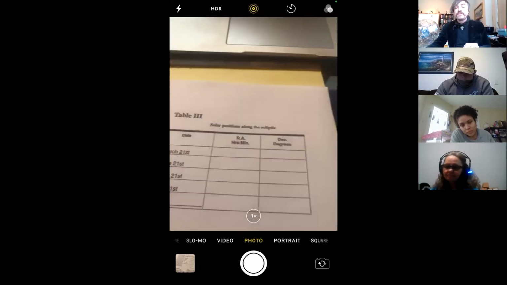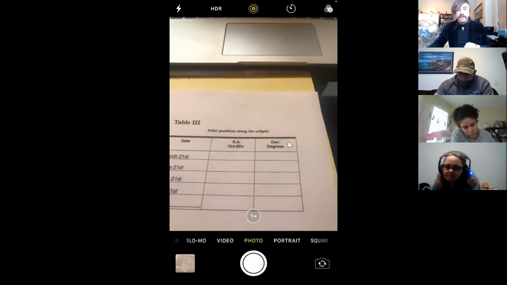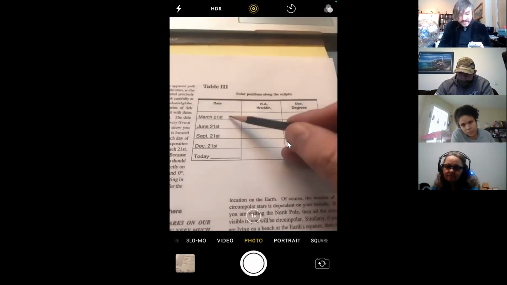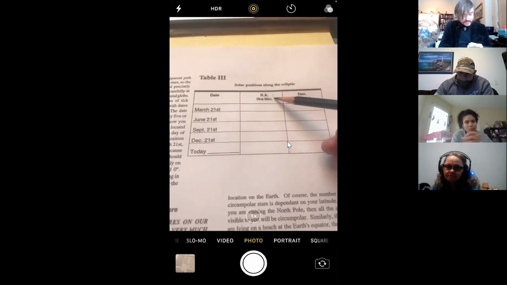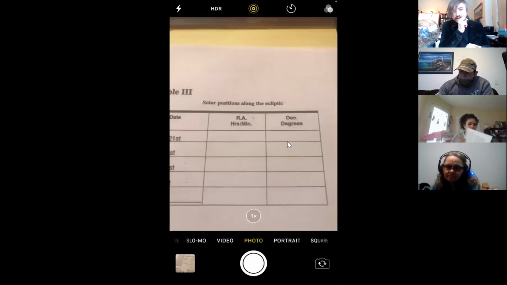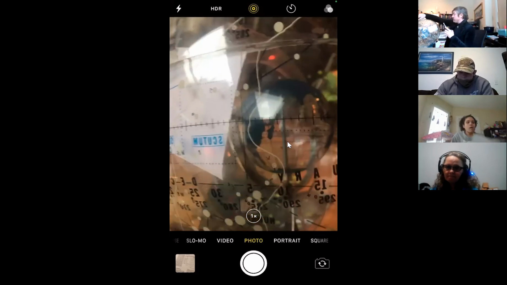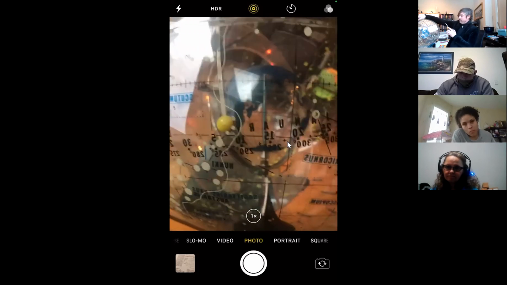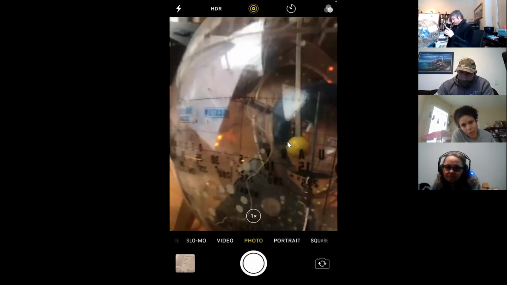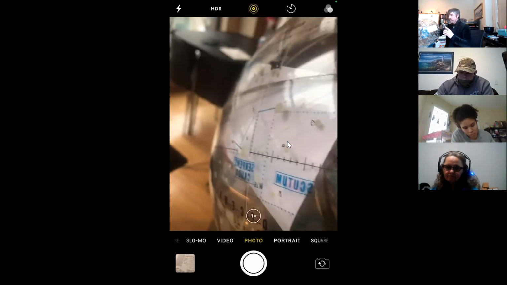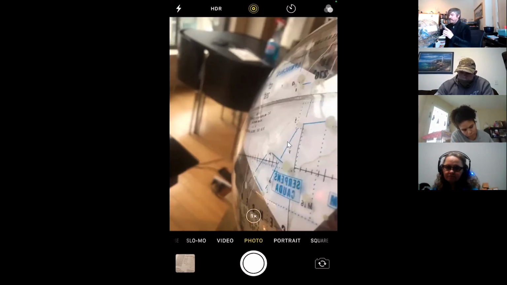In our next exercise, we're going to move the sun to some key dates on the celestial globe, and then we are going to estimate what is the right ascension and declination of the sun on that day. And I want you guys to notice that the sun is represented by this little yellow nubbin, and I can move it along the dates of the ecliptic. You can see here that I've got dates printed along this diagonal line called the ecliptic.